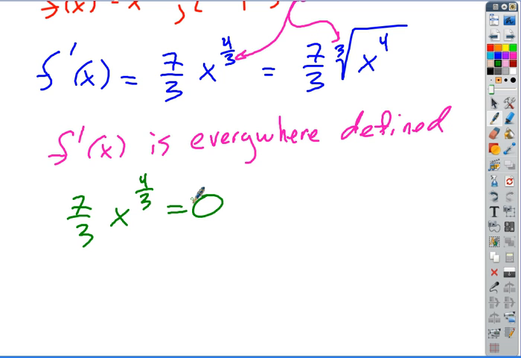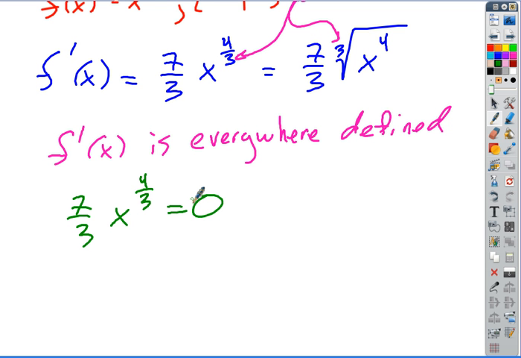Yeah, the only way that x to any power could equal 0 is when x is 0, right? Now, we could go through the pain and suffering of isolating x, but it's not going to do any good. If we multiply both sides by 3/7, I'm just going to get 0 still, right? And then to get the x by itself, I could cube both sides and take a 4th root, but I'm dealing with a 0, right?